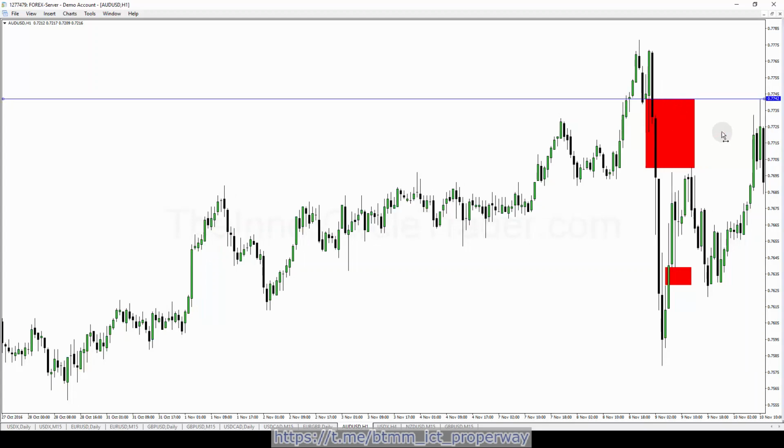Price trades up, hits it to the pip. The high comes in at 77.42. The open on this candle comes in at 77.42. Double top, buy stop liquidity, run up into a liquidity void to a bearish order block, which is the last two up candles.